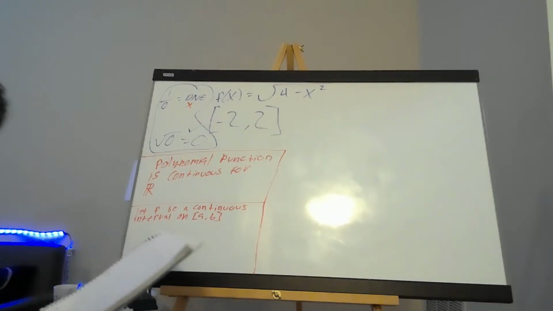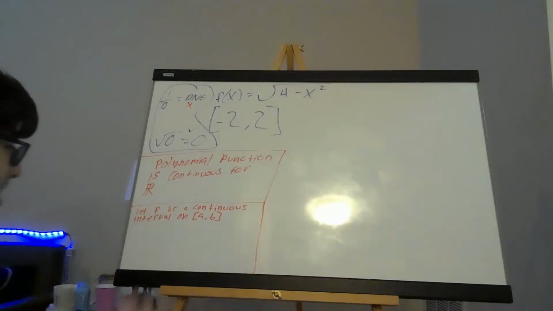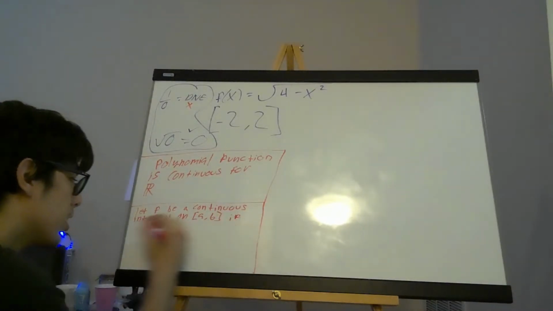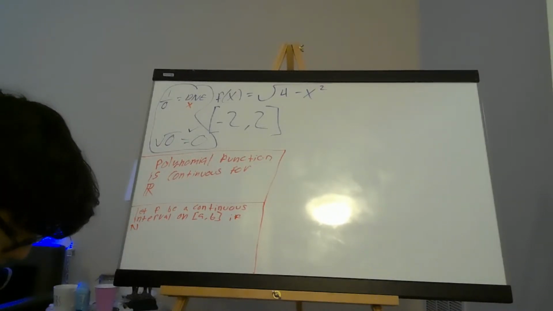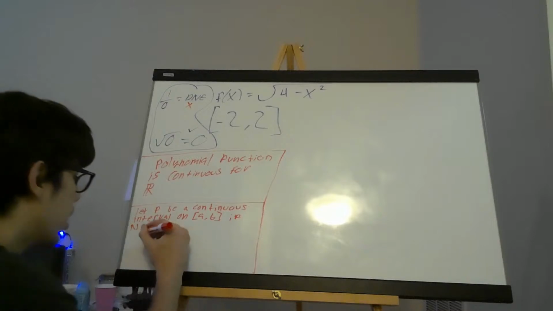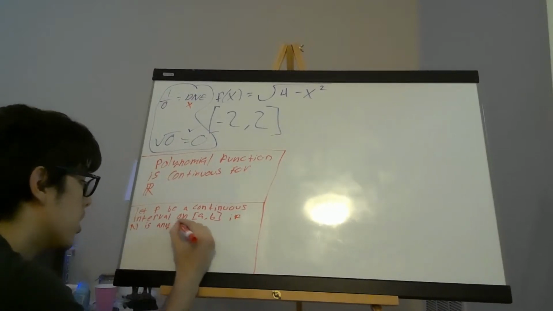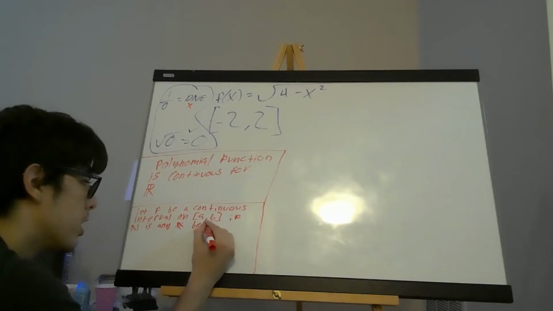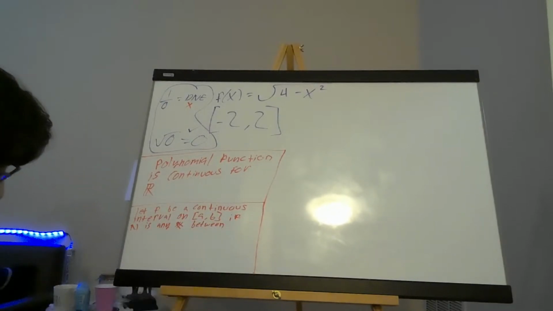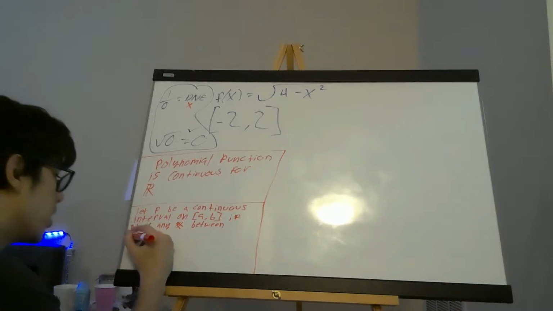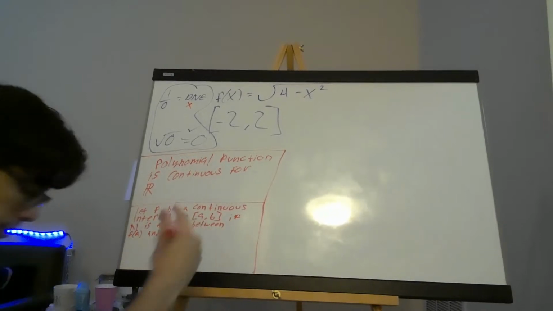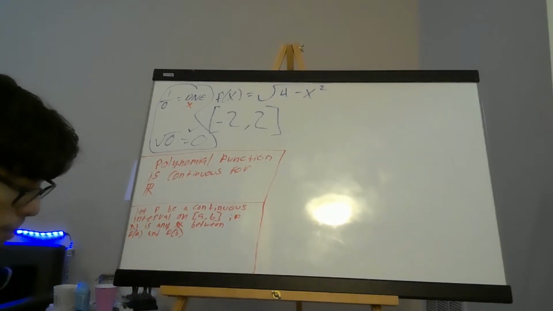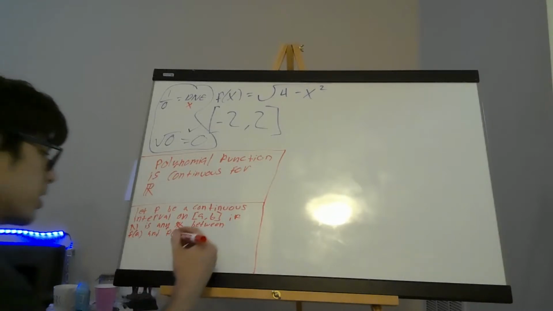Okay, so then if n, which is just some number, is any number between f of a and f of b, then there is at least one number c that is in the open interval ab for which f of c equals n.